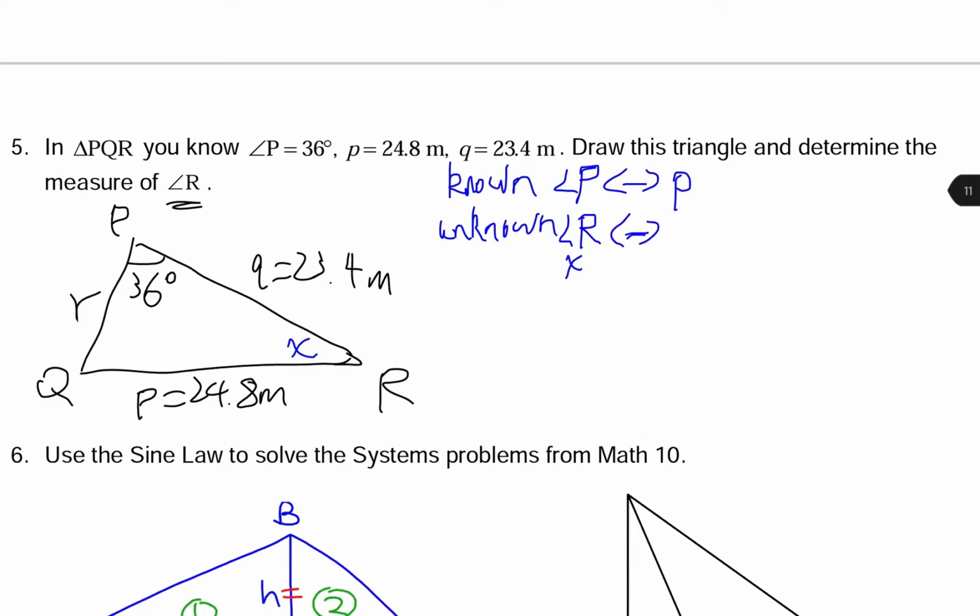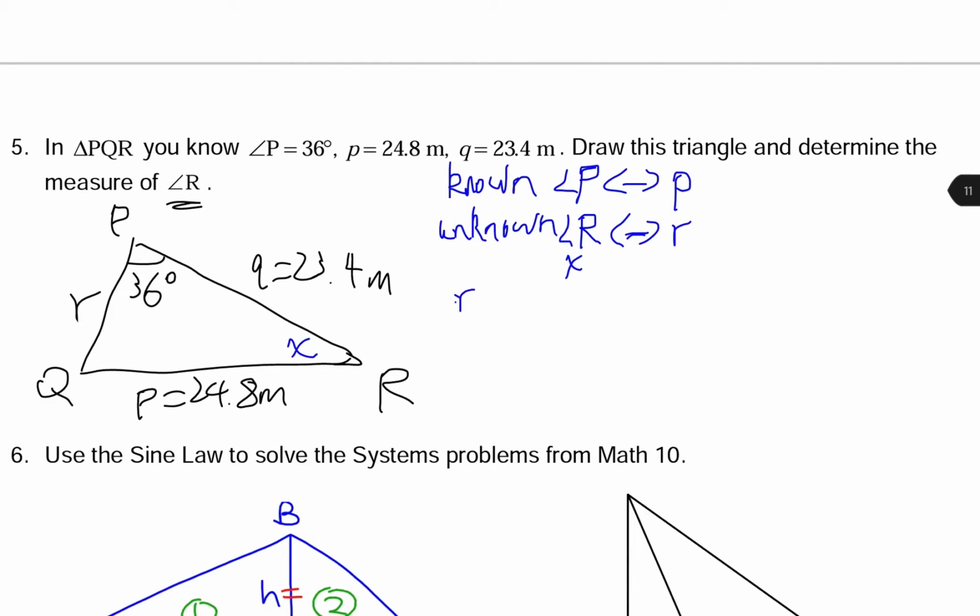Of course, in order to use sine law, we have to use its corresponding opposite side, little r. But then we can set up and try to solve for it. So we'll see.